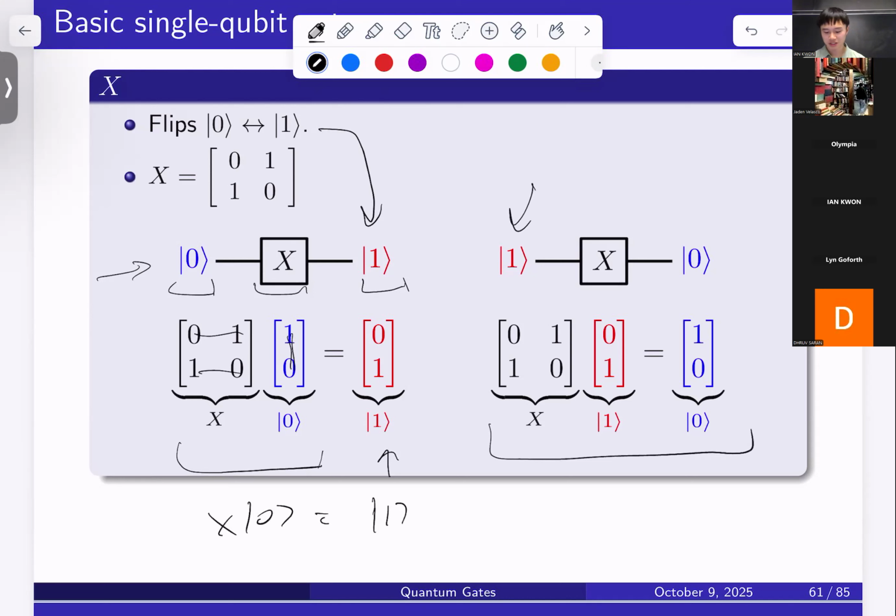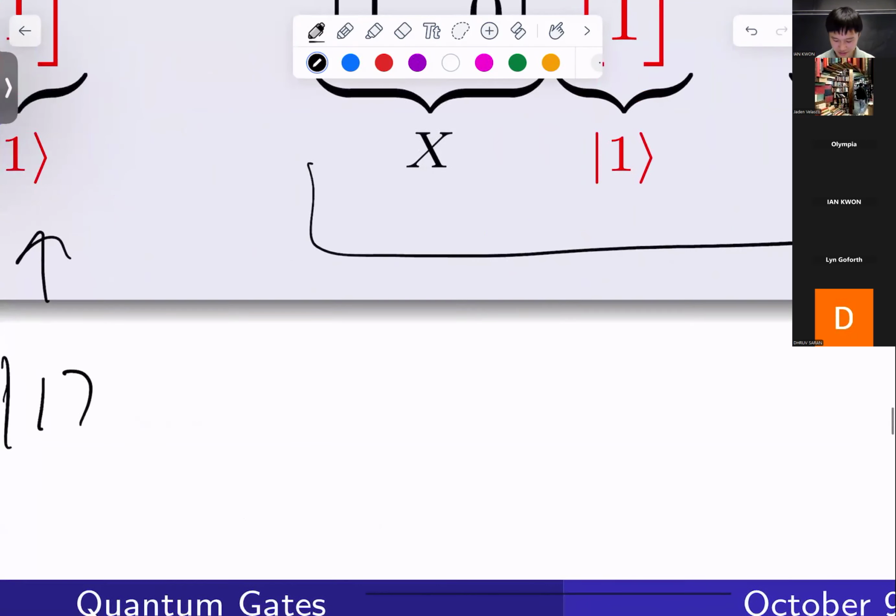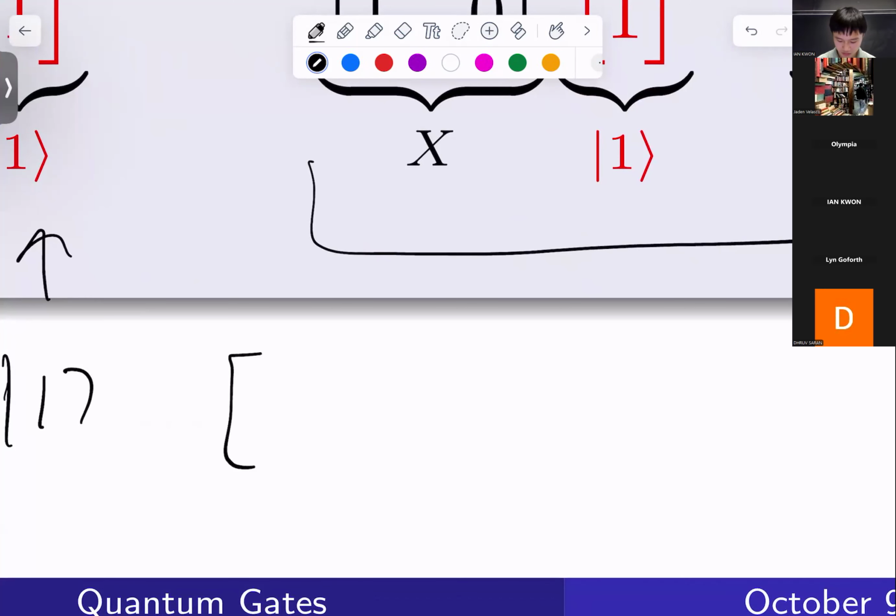One useful thing from linear algebra is that the columns of a matrix give you the result of what happens when you act on that basis vector with the matrix. To make this concrete, say you have alpha, beta, gamma, delta, acting on 1, 0.